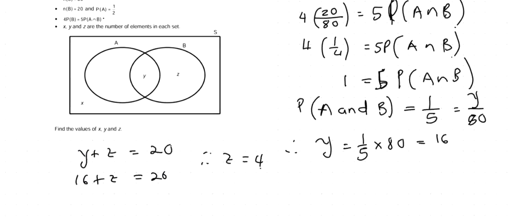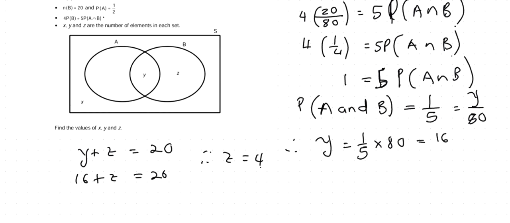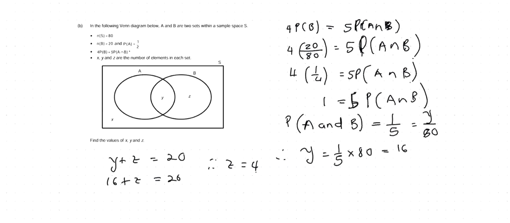Now we should understand that the probability of A is given as 1/2. So that means that the sample space A should be 50% of the total, which is then 40.